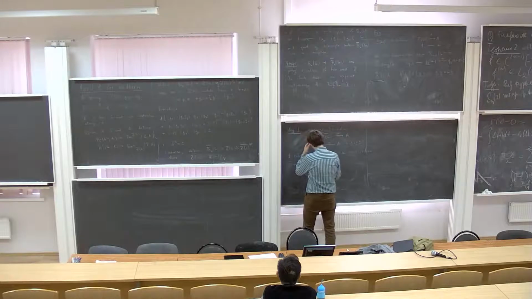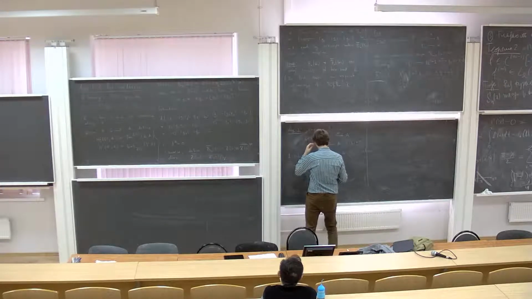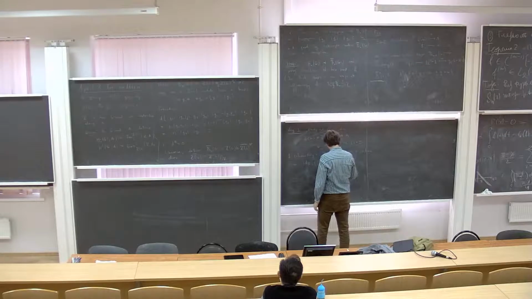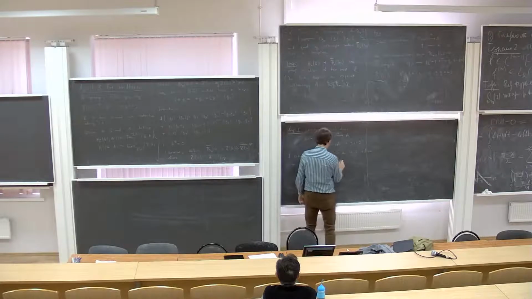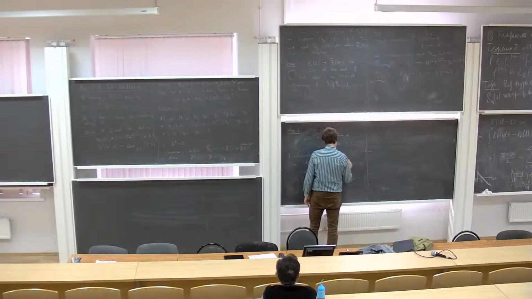How does it evaluate? It's beta of, where does the differential send this? It's this G minus 1. So what is that?